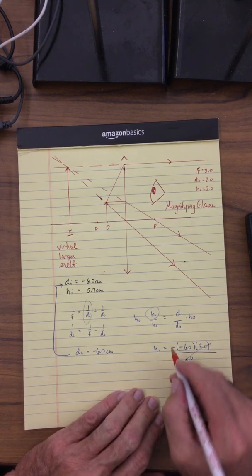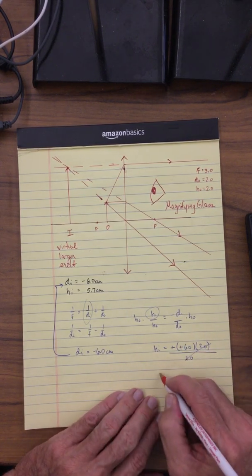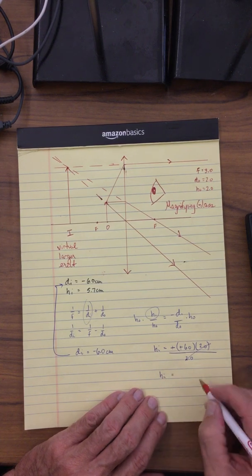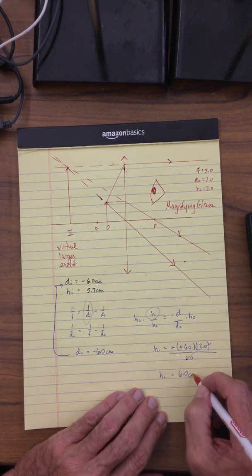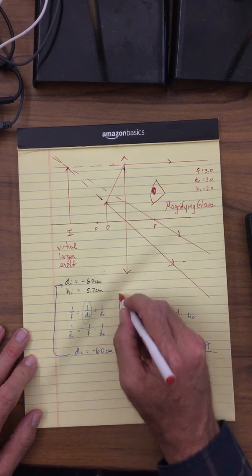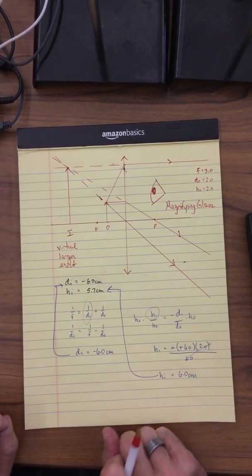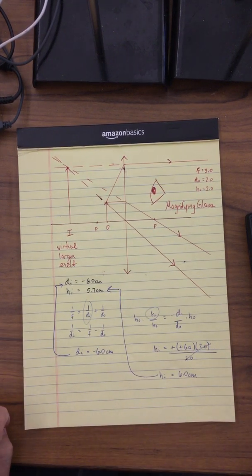Those cancel, the negatives cancel. The height of my image should be 6.0 centimeters. And that's very close to the 5.7 that I measured on my graph.